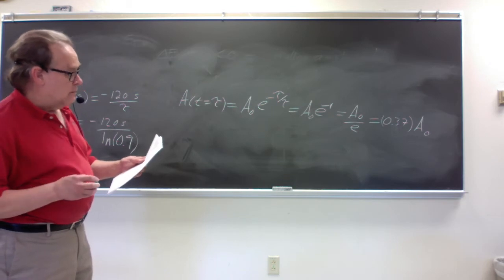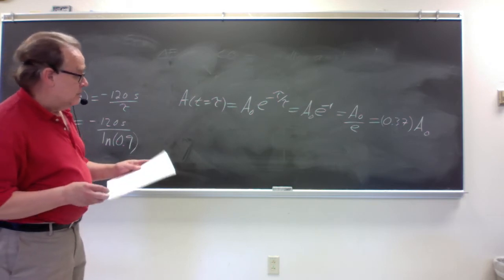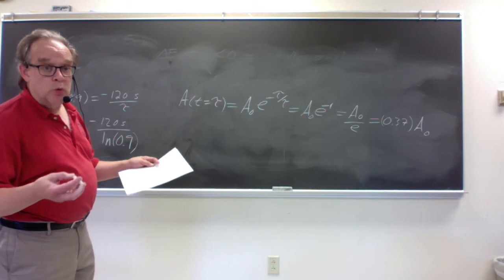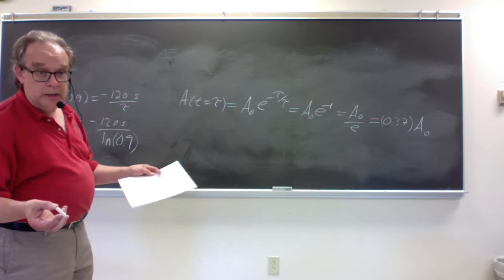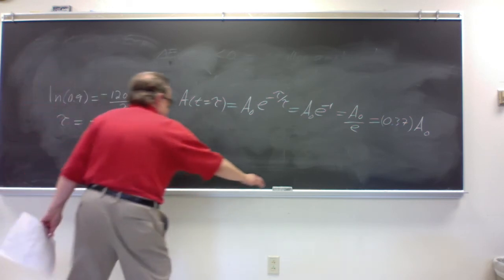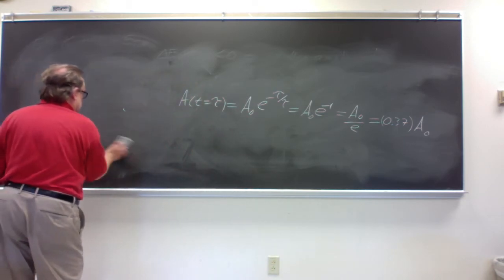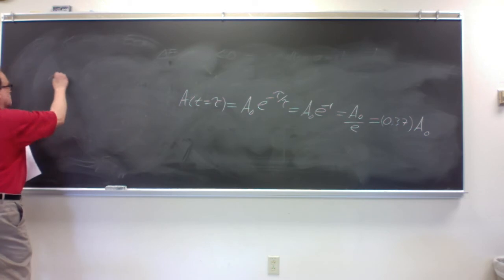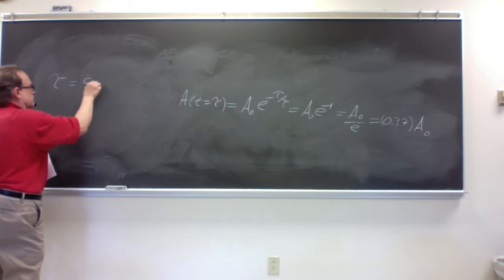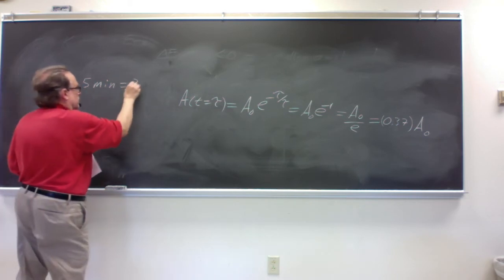Okay, and then just one other example of this kind of thing. Let's say we have a situation where we know what tau is. Let's say tau we know is 5 minutes or 300 seconds.